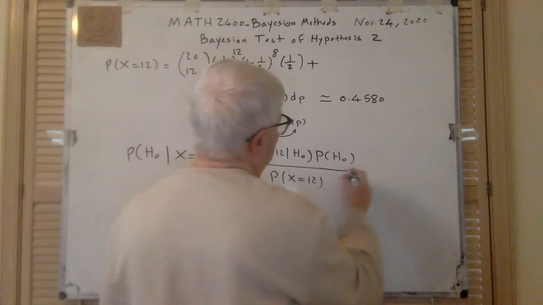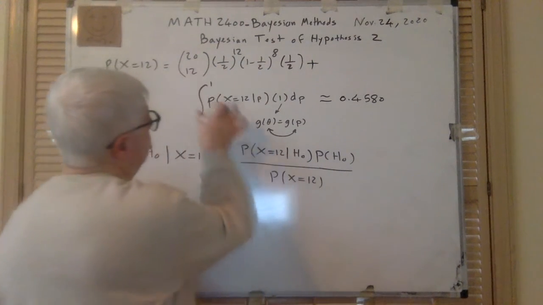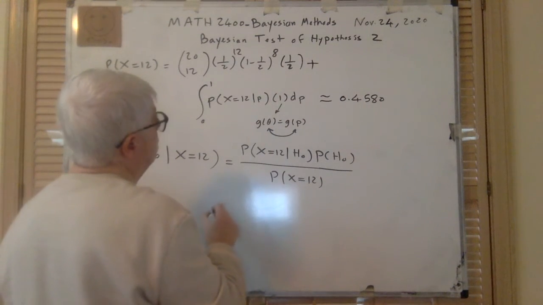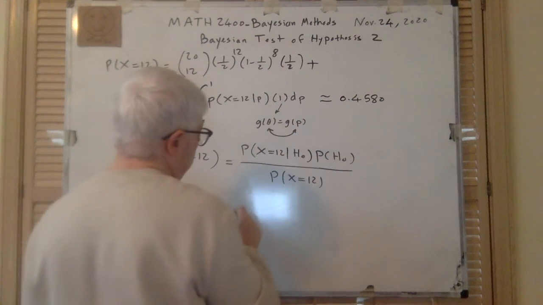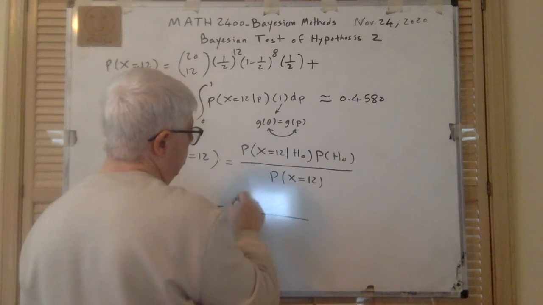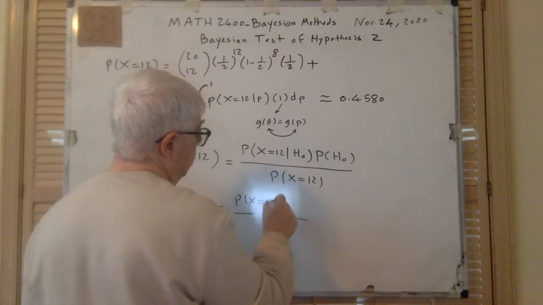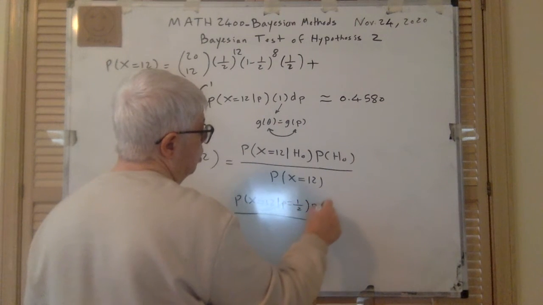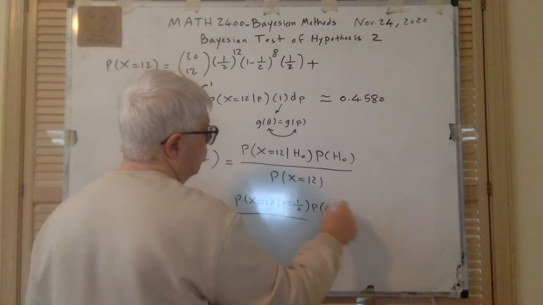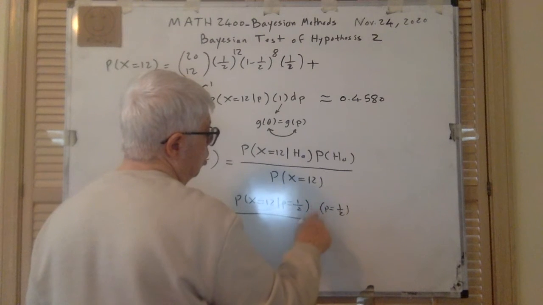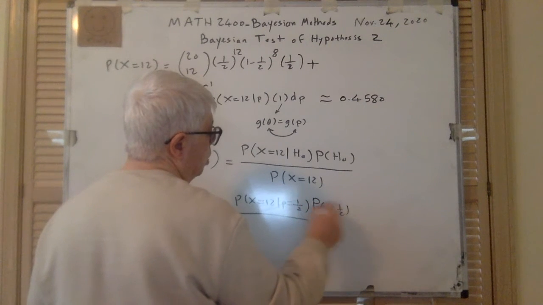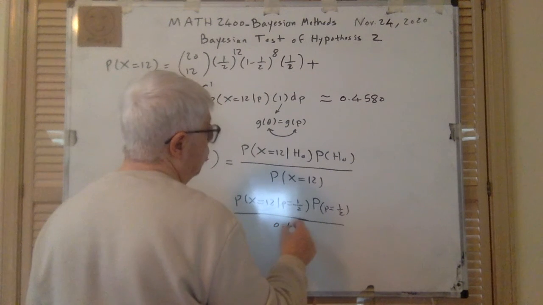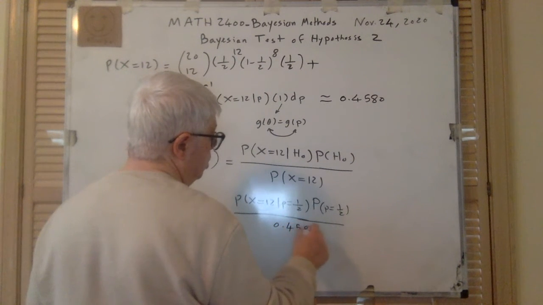But anyway, if I do this, this is the first part. That is P of X is 12, given that small p is 1/2, times P of small p is 1/2, divided by this, which is 0.4580.